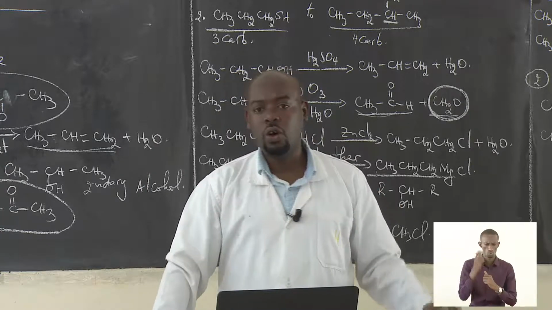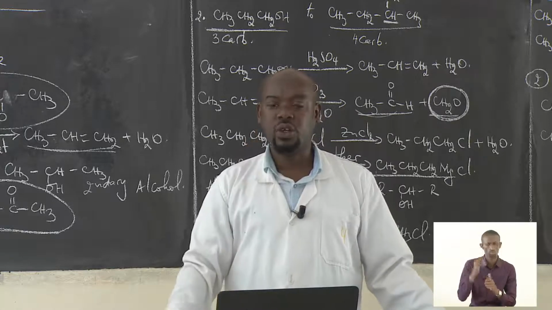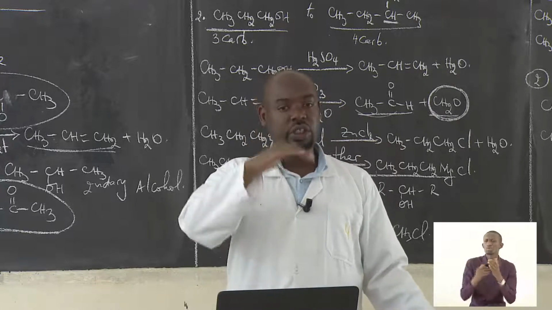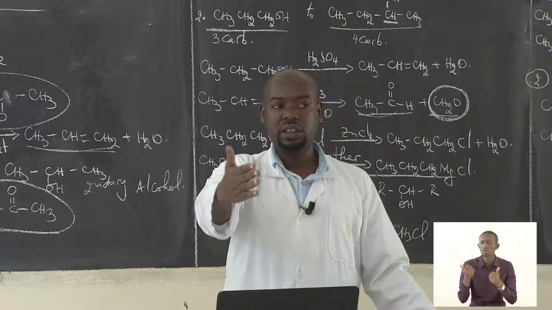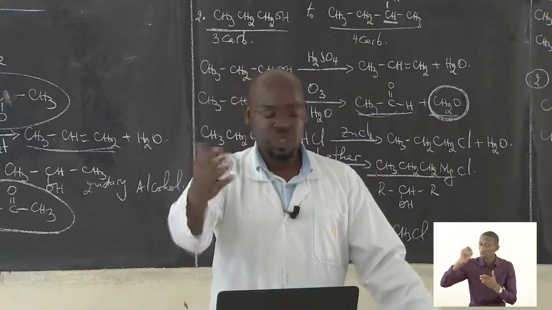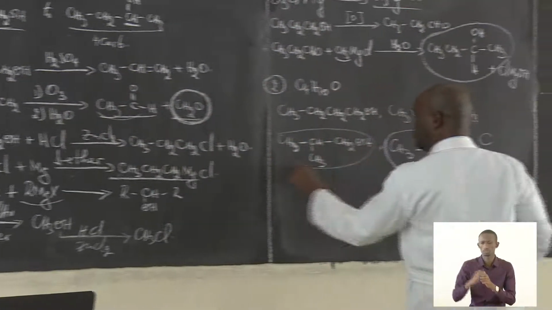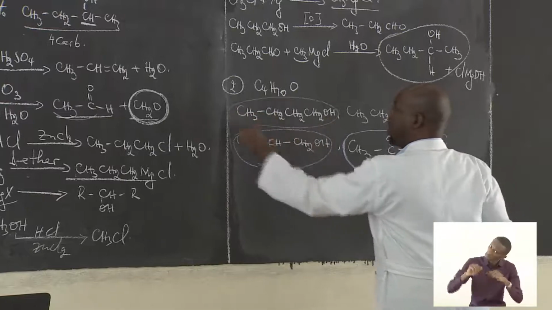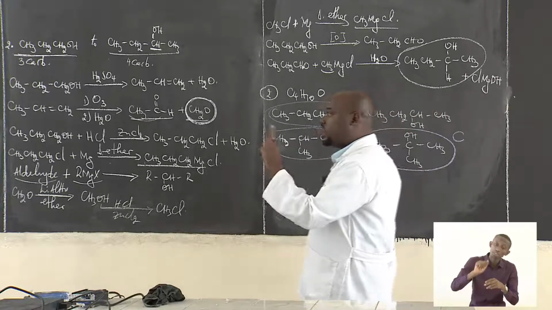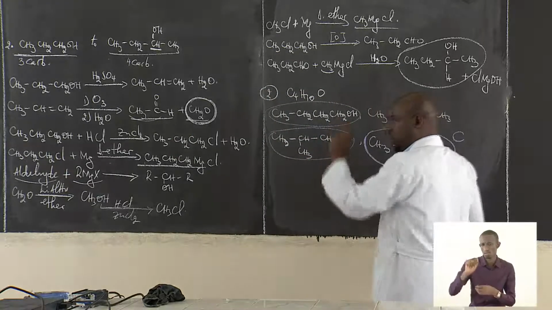Which class of alcohol is that? It is a primary alcohol. Primary alcohols can be oxidized to aldehydes, and aldehydes can undergo further oxidation to carboxylic acids. So this one can be A as well as this one. Alcohol A can be this one or this one.